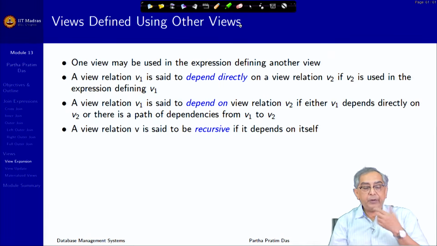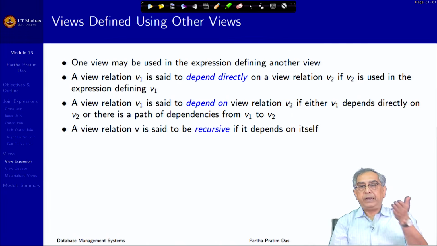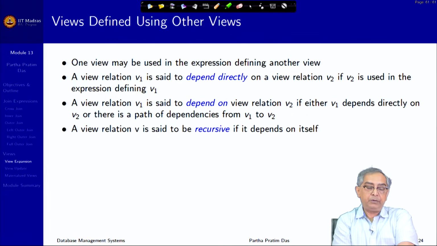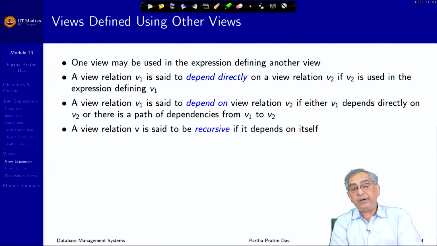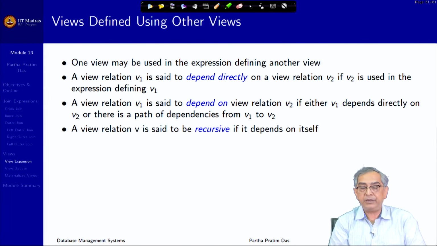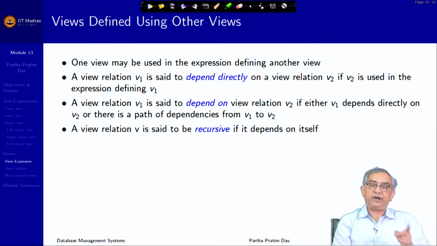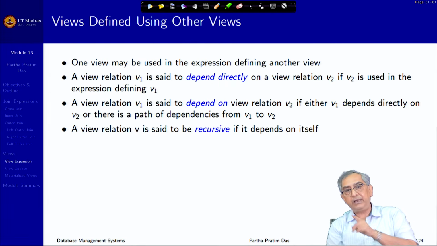So view expansion will use one view, which can use another view. A view relation V1 is said to depend directly on a view relation V2 if V2 is used in defining V1, as we have seen. Like physics fall 2009 is used in defining physics fall 2009 Watson.